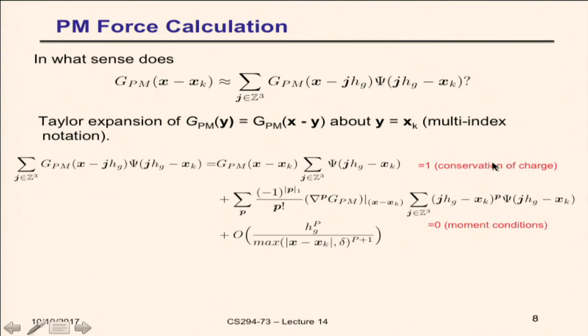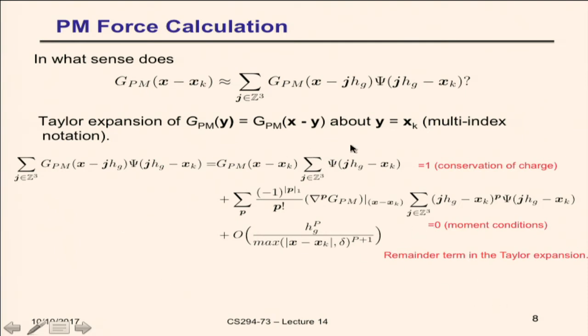The moments of non-zero powers are identically equal to 0. Now, this sounds like an odd and unnatural set of conditions, but in fact, it's fairly easy to construct psis that meet these conditions. I'll show you at least pictures of examples in a little bit. There's a natural construction in Fourier space, and a natural construction in physical space. And then finally, this is just the remainder term in the Taylor expansion.